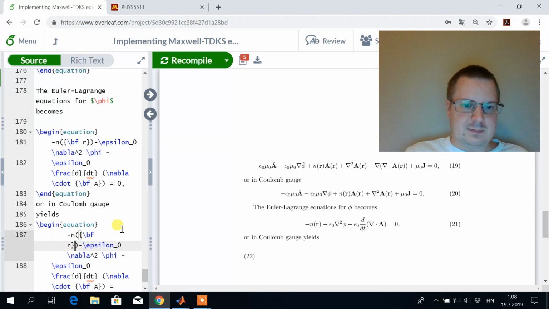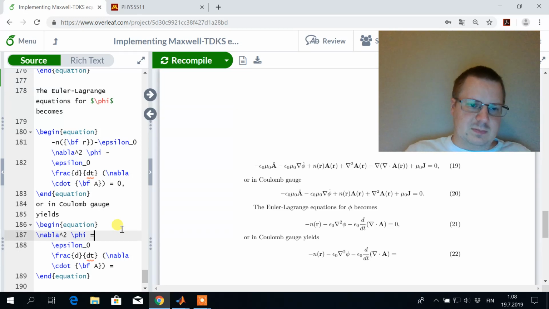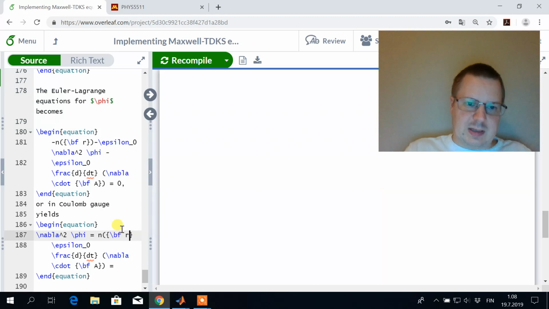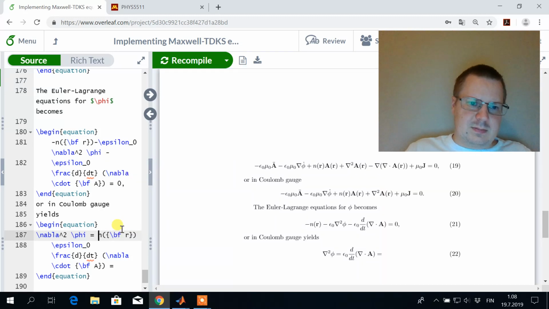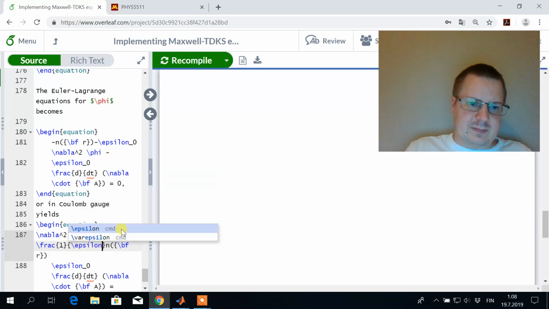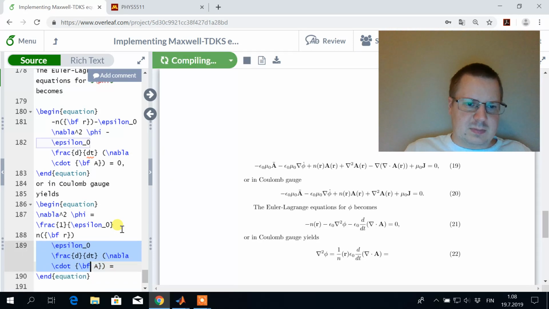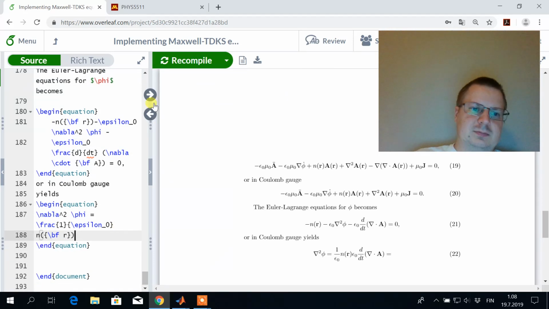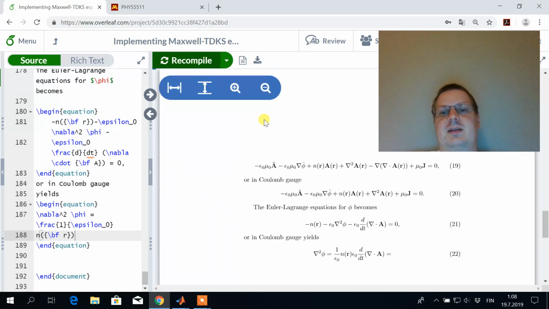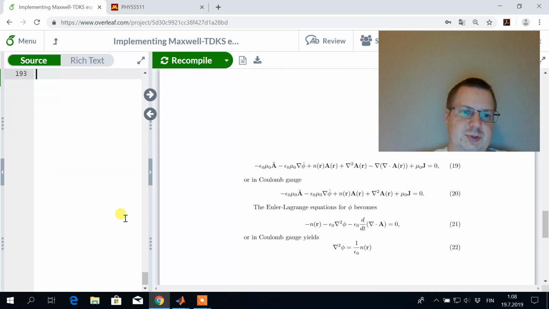that the Laplacian of phi equals n divided by epsilon. So the fact that I have the wrong sign, I don't know.